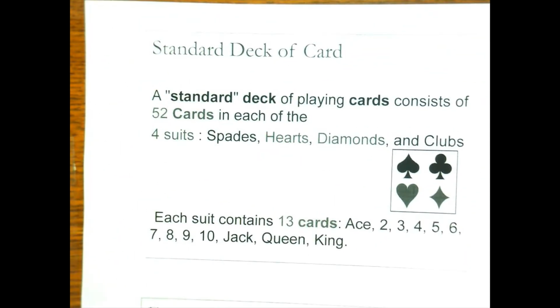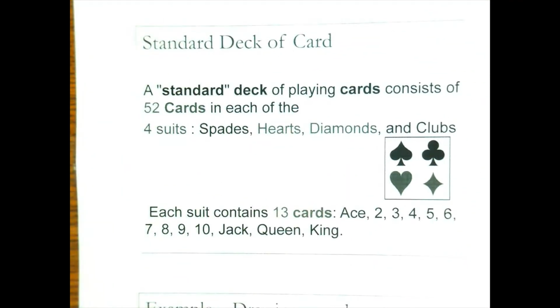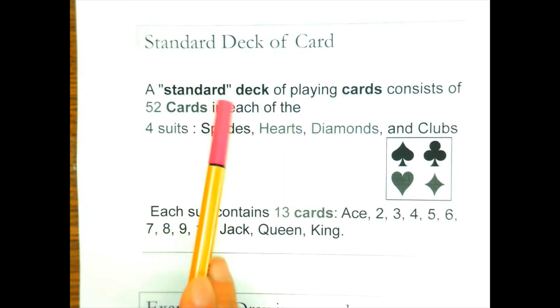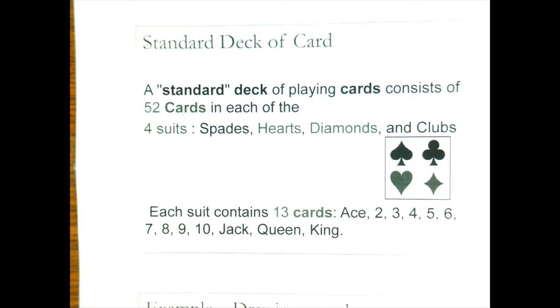Now, another probability experiment is when you pick a card from a standard deck. So before we do an example about choosing a card from a standard deck, I want to review how a standard deck looks. In a standard deck of cards, you have 52 cards.